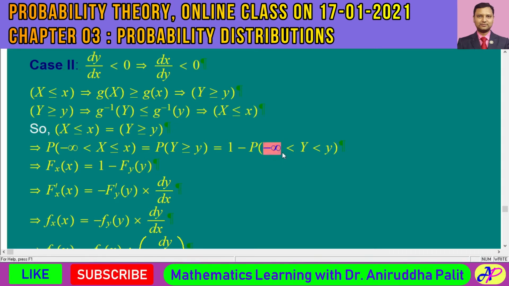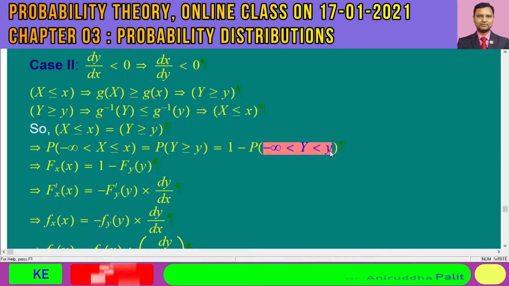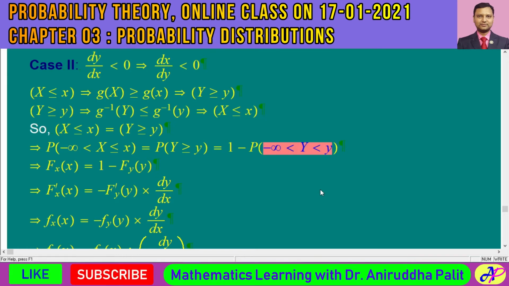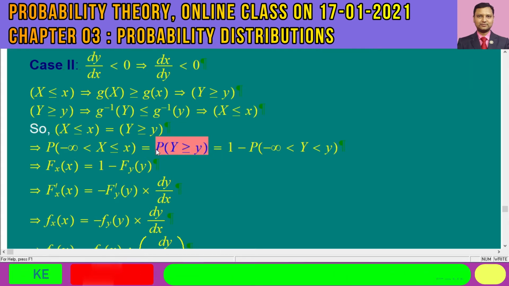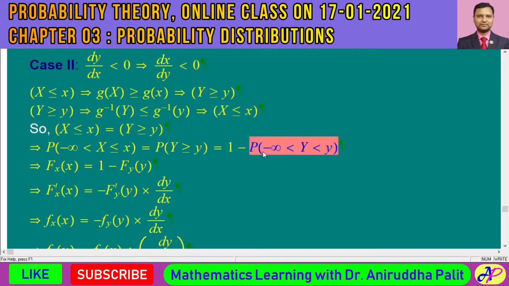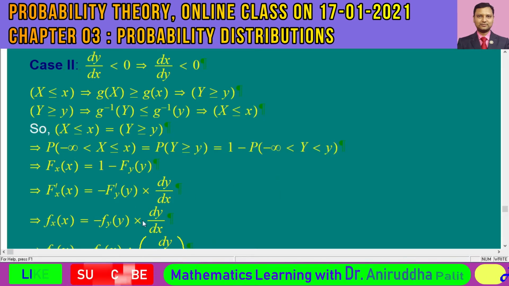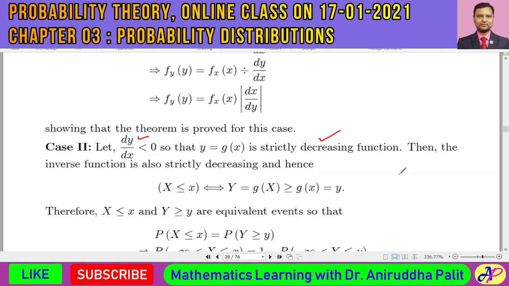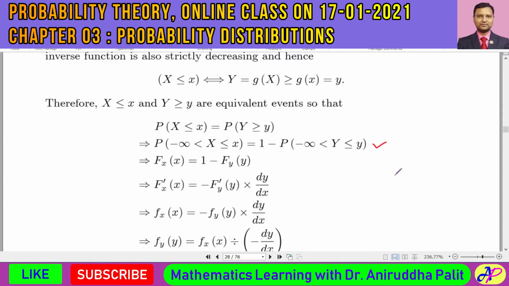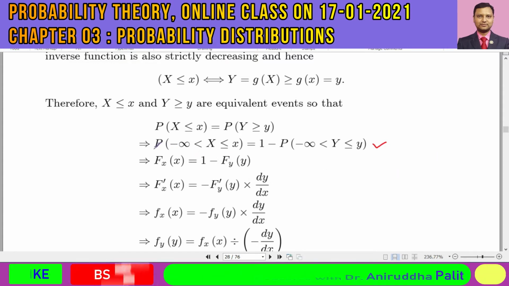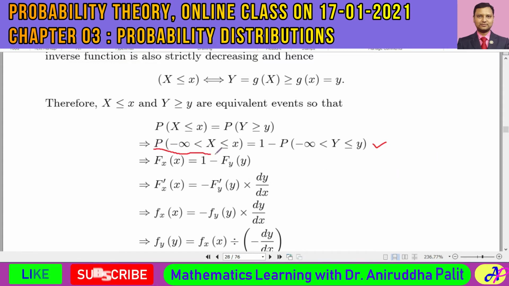So minus infinity less than capital Y less than small y is the complement of the event that capital Y is greater than or equal to small y. So the probability of this event can be written as 1 minus the probability of the complement of this event. I am showing this from the file over here.